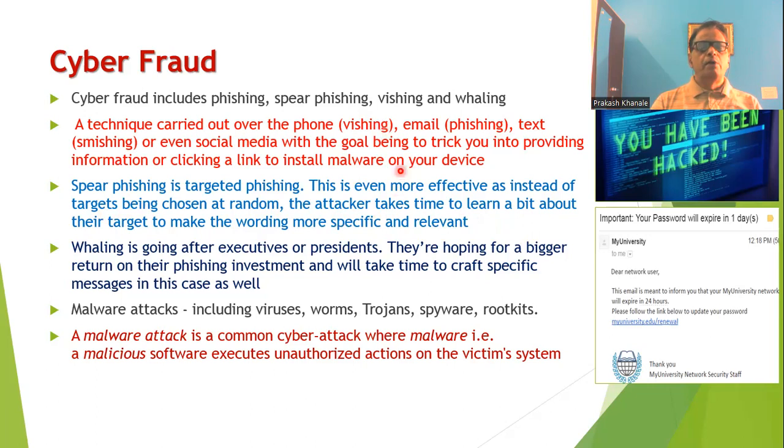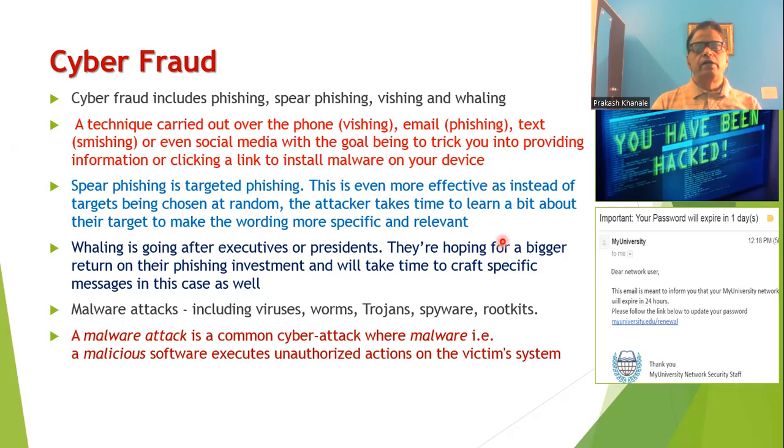Apart from phishing, there is sometimes targeted phishing. Targeted phishing is called spear phishing, and it is more effective. Many times the targets are chosen at random, but in spear phishing the targets are chosen specifically. That is, they will study you first.